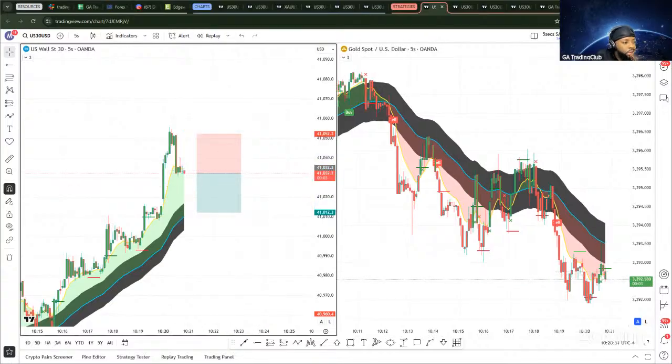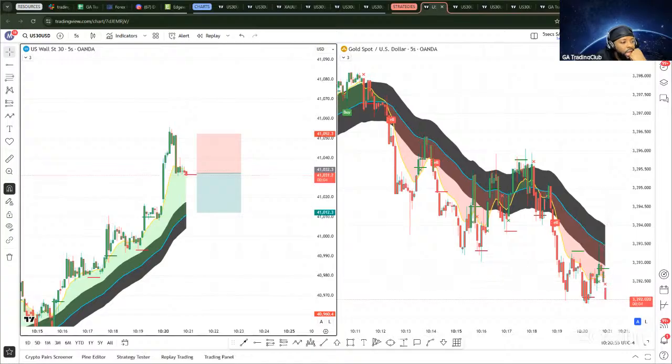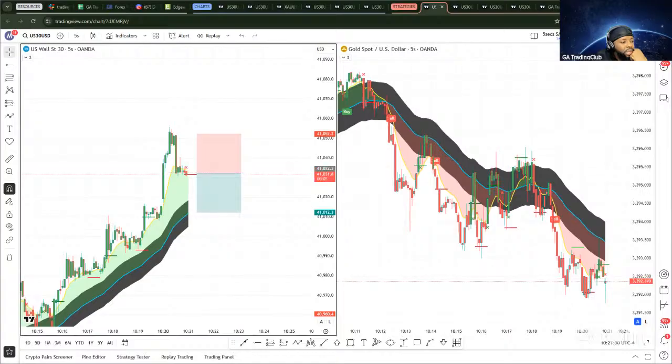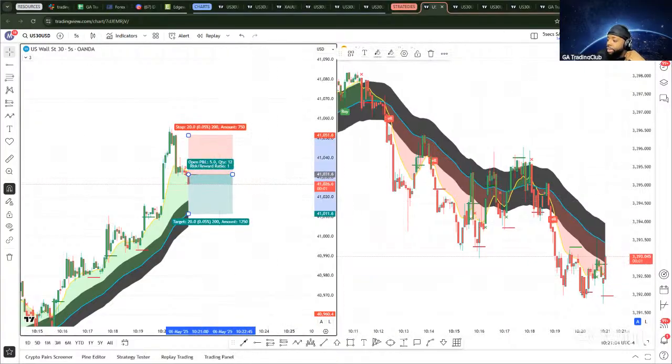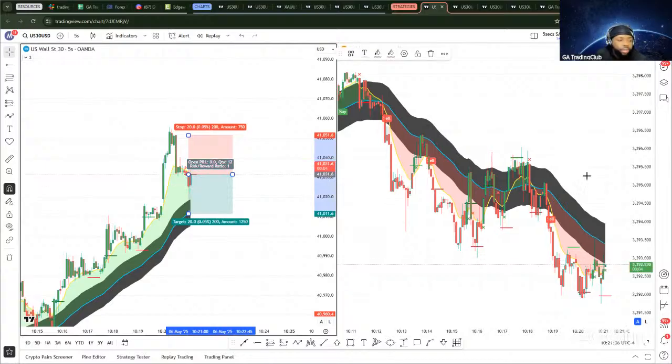Might be this candle. Let's see. Yep. So there it is. So I'm in that trade, and let's see how it goes.